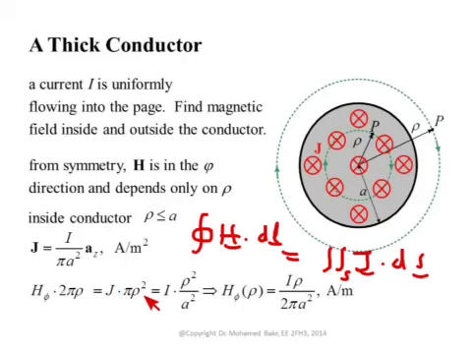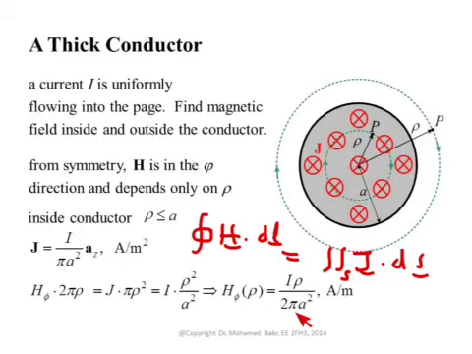Remember, the area here is a function of rho. So this is J multiplied by pi rho squared. We have 2 pi rho here. Pi will cancel with pi, rho will cancel with rho squared, and you get this expression for H phi.